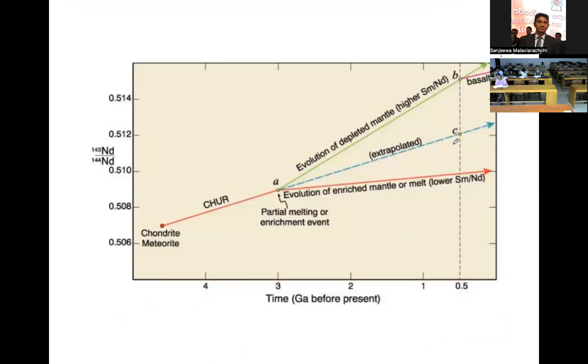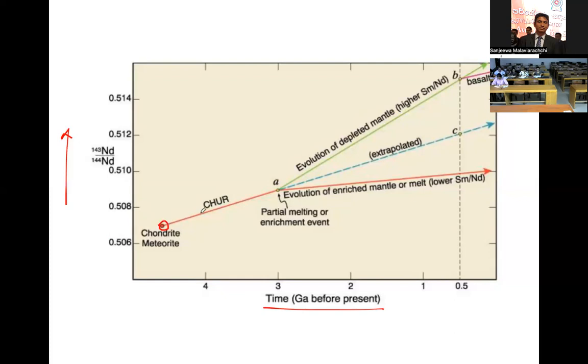Okay, so let's just see the evolution of this neodymium isotopic composition for the Earth. How do you see? This is time, and this is neodymium isotopic composition. The chondritic meteoritic value, that is before the formation of the Earth, right? The Earth was formed from chondrites.